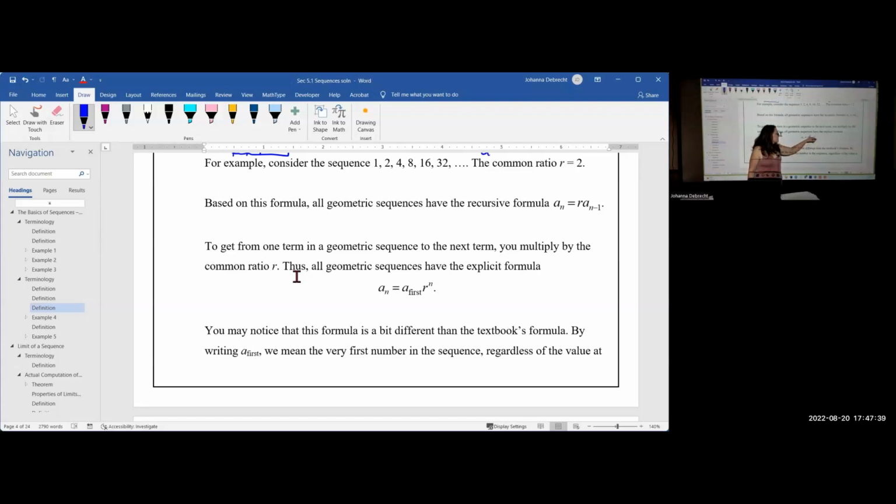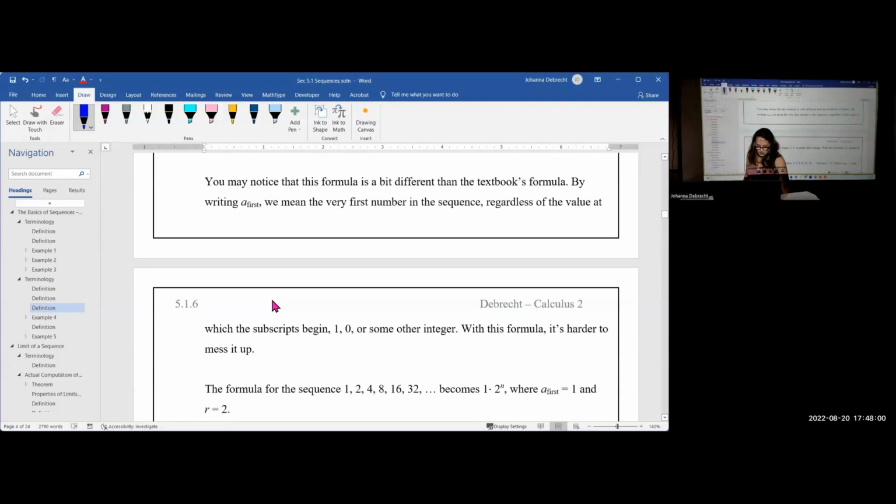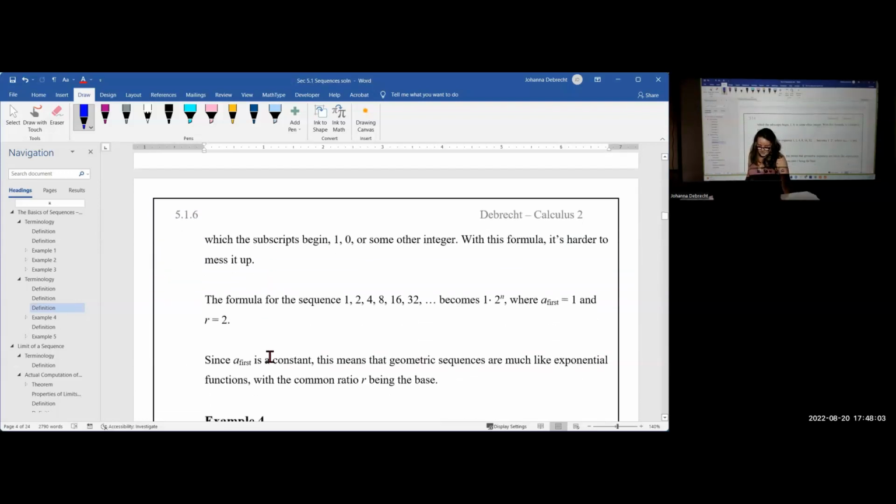The formula is to take that first value and multiply by values of r one at a time to generate the next numbers in the list. And this generates a general formula: a sub n is equal to a first times r to the n. This is the formula for a geometric sequence. It's much more difficult to mess this one up by writing a first in the formula.